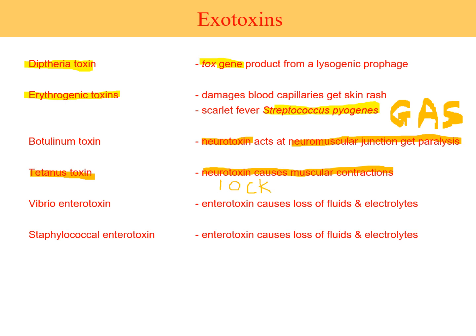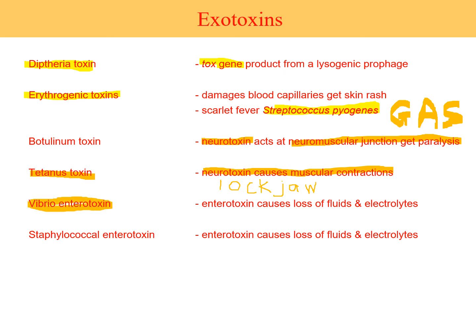One of the first symptoms is that the person's jaw starts to lock, so they have trouble speaking because their jaw muscles are contracting. Eventually, and fairly rapidly if untreated, it progresses until all the muscles are tensed because of its neurotoxic effect at the neuromuscular junction.